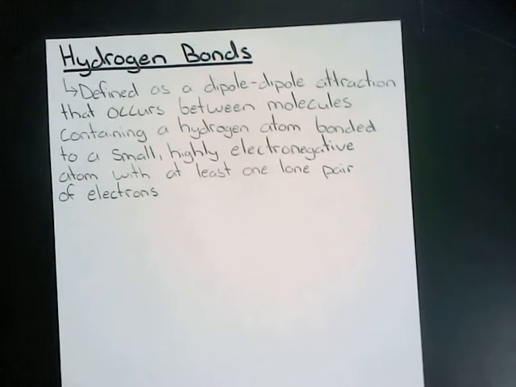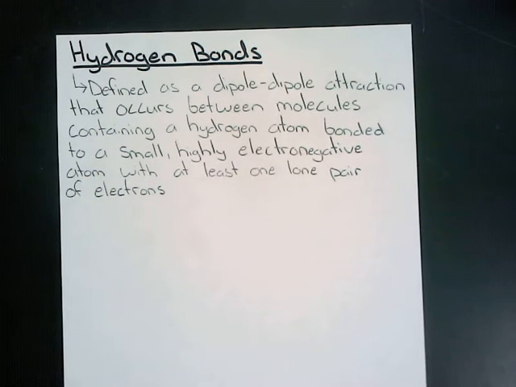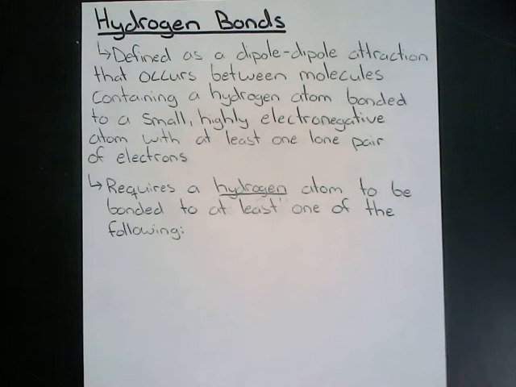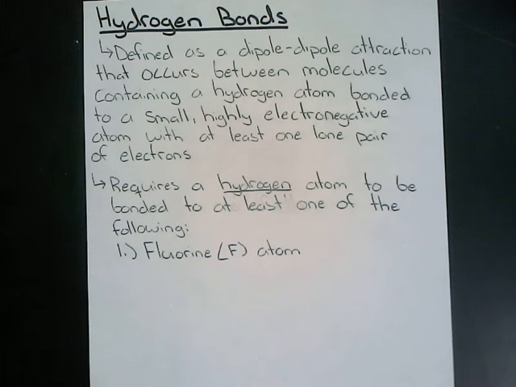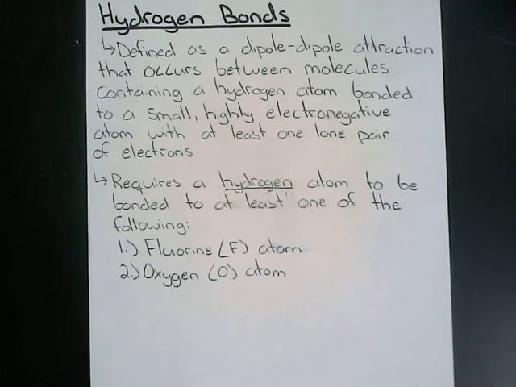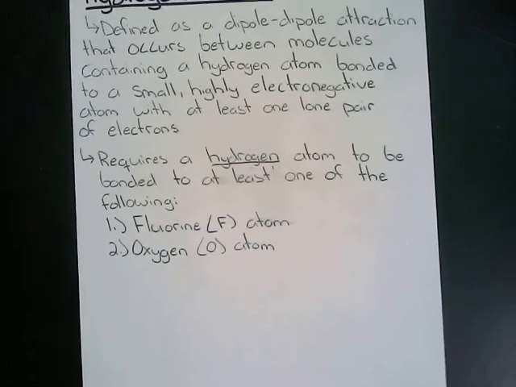Now, to be classified as a hydrogen bond, it's going to require the atom hydrogen bonded to one of the following atoms. One, it can be bonded to a fluorine atom. Two, it can be bonded to an oxygen atom. Or three, it can be bonded to a nitrogen atom.